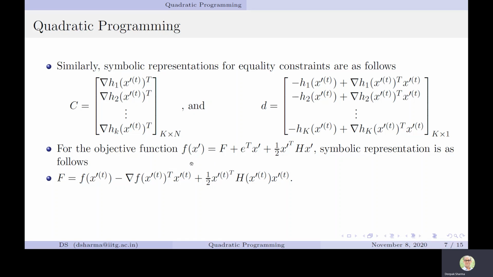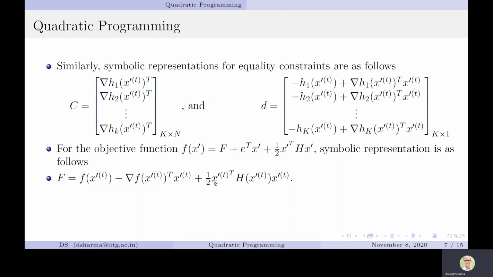Now we are going to write the objective function. The objective function is written in terms of capital F, small e, and capital H. Here in this particular form, since F is a vector of constants, every constant term will be coming here. So the capital F is the function value at x prime t, gradient of the function at x prime, and then multiplied by x prime t.